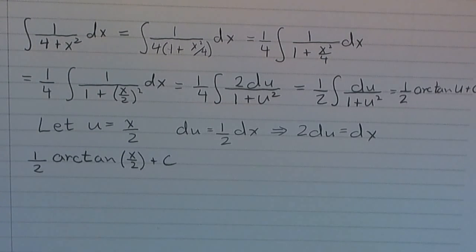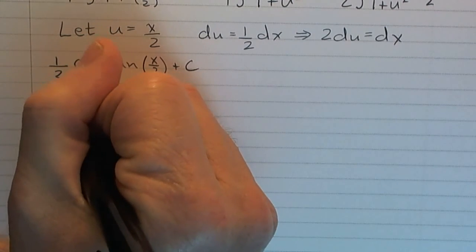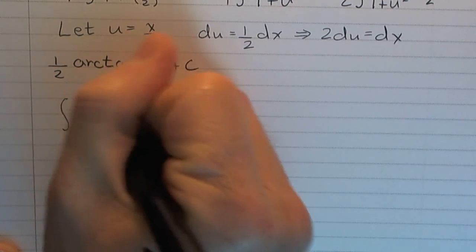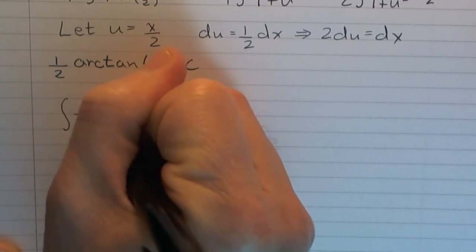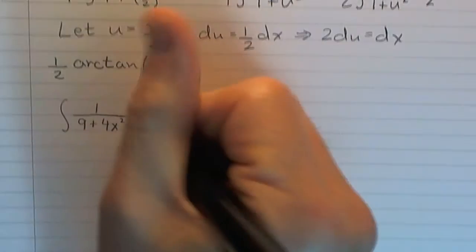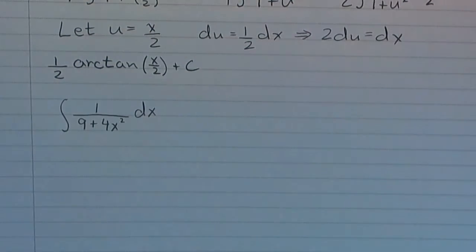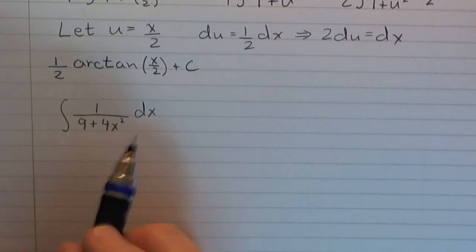Okay, now let's do a little combination here. Let's suppose that I've got 1 over 9 plus 4x squared dx. Okay, let's see what this gives us. Now, there's a couple of things we don't like here.